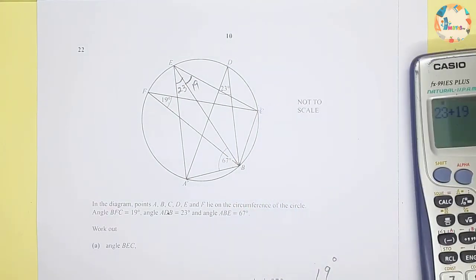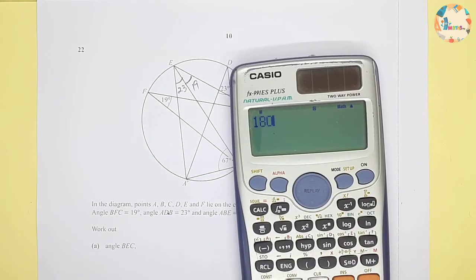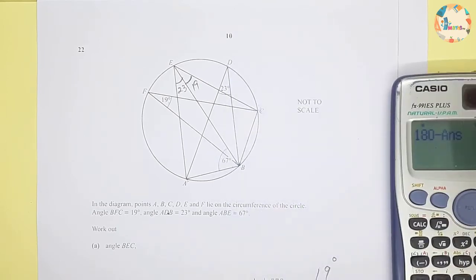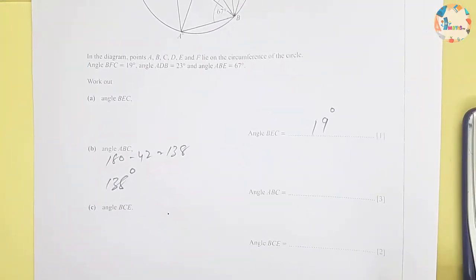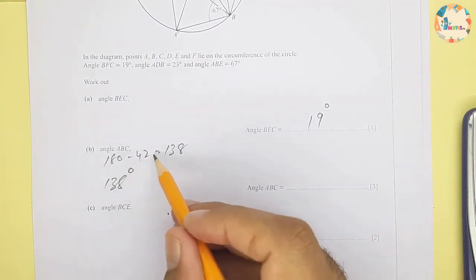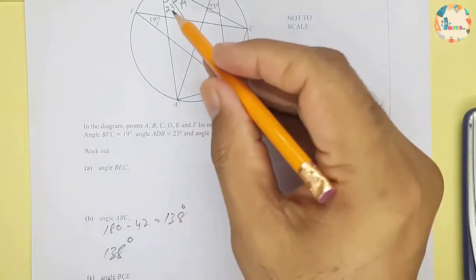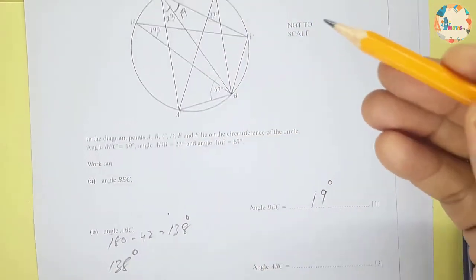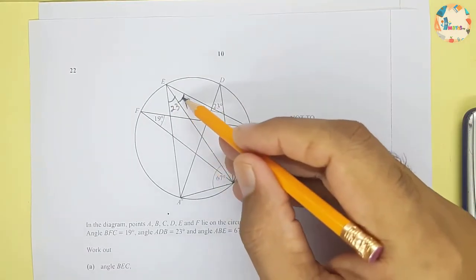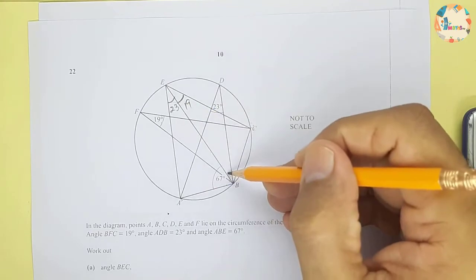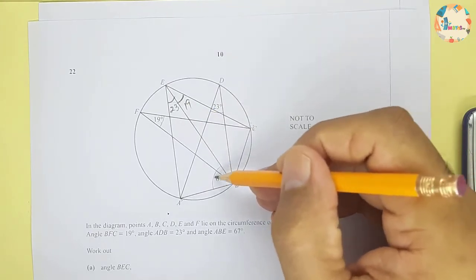So 180 minus 42 is equal to 138 degrees. I will be showing the working over here: 180 minus 42 is equal to 138, and this 42 we have taken from here. These 2 opposite angles add up to 180 degrees. This complete angle we are finding.